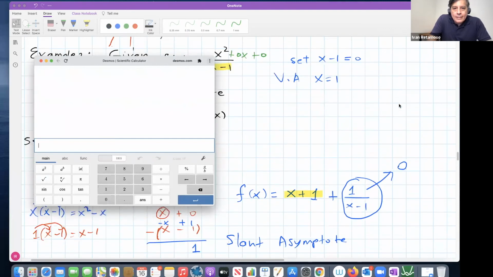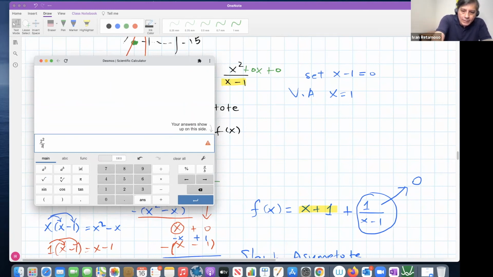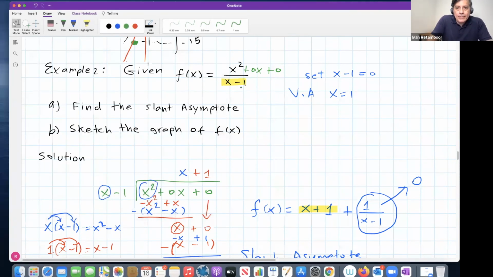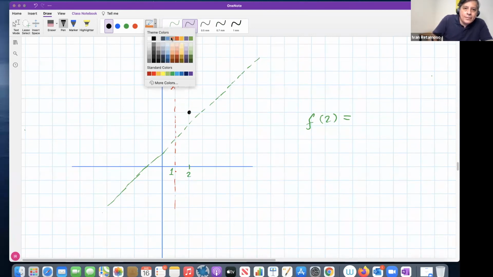At 2 squared over 2 minus 1, which is just 1, it's just 4. So the partner of 2 is 4. Up here, 1, 2, 3, 4, up here. So it's here, which is telling me that the curve should be this one, going through that point.